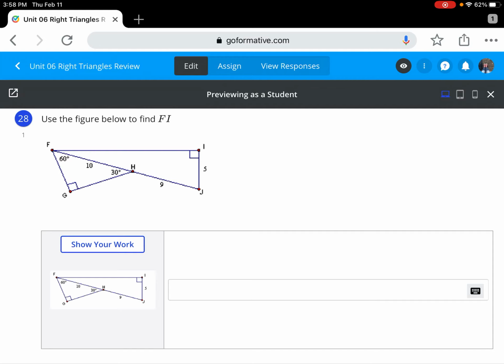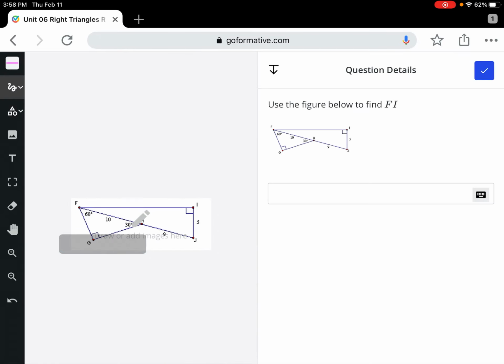Okay, it says find FI in the figure below. Alrighty, let's do this one.